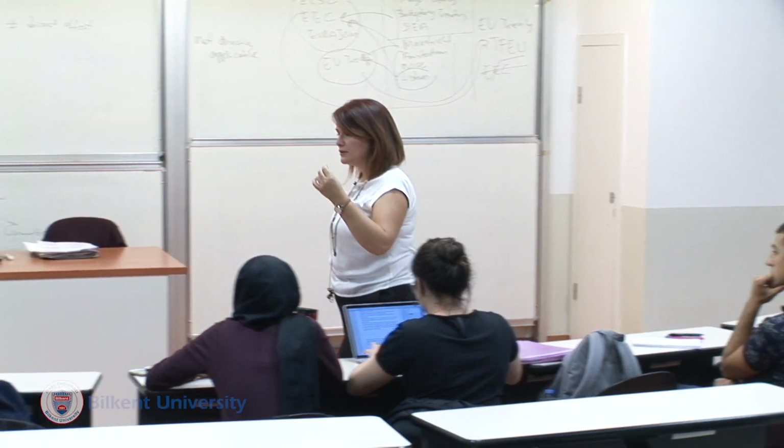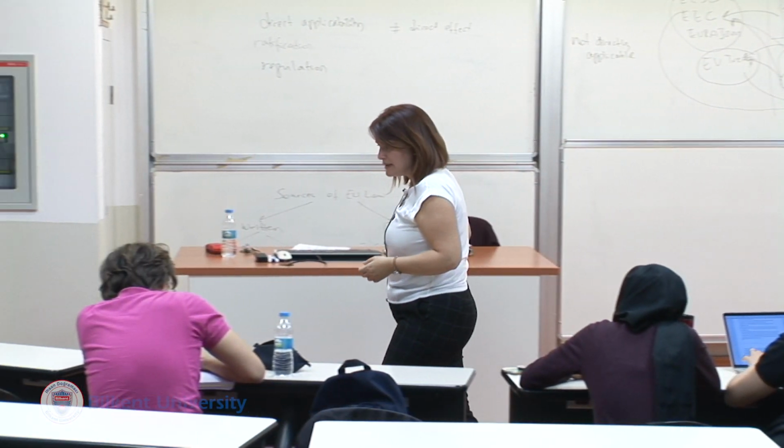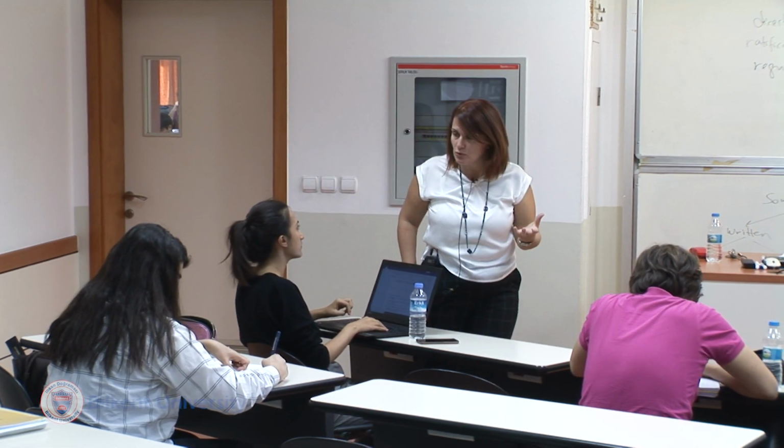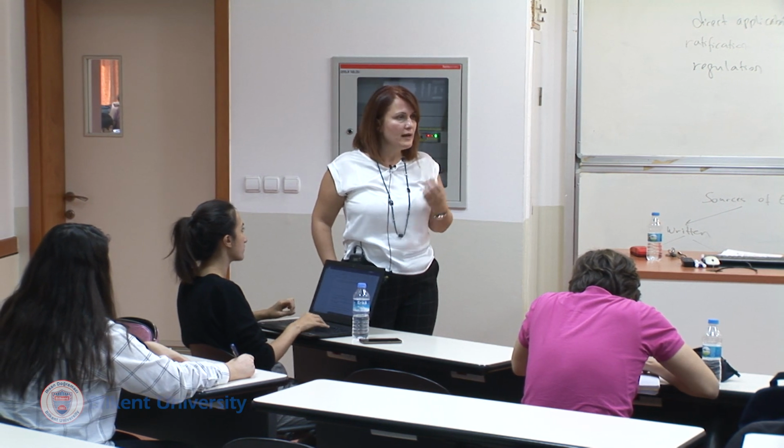If Article 12 of the Founding Treaty is directly effective, then a national of a member state, an individual, may go to the national courts and claim his or her rights. Therefore, directly effective provisions of EU law give rights to individuals to be claimed before the national courts.